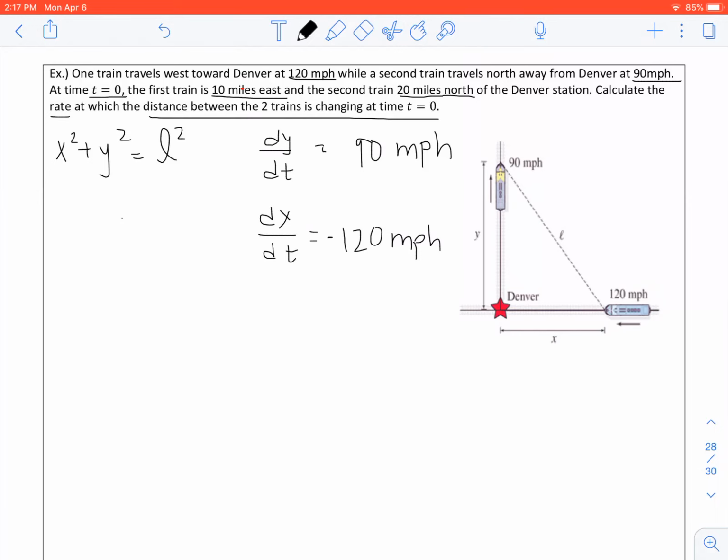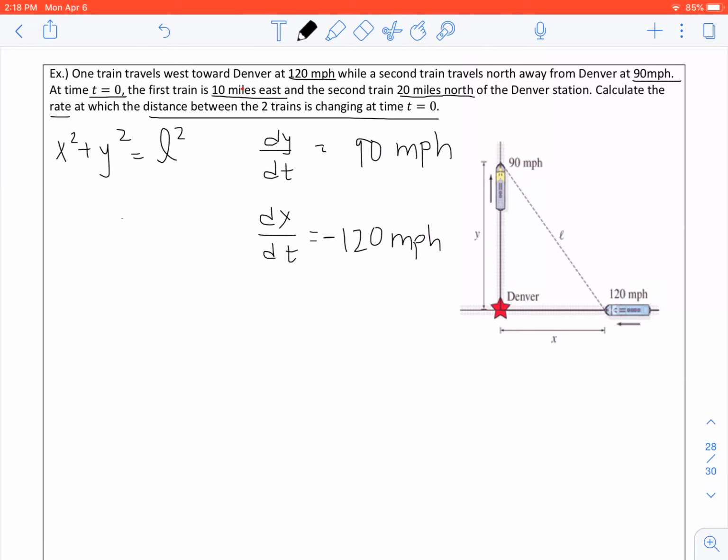The reason is that the distance is getting smaller as that train is approaching Denver, and that symbolizes a negative rate. Whereas the train that's moving north is moving away from Denver and that distance is getting larger. So dy/dt is 90 miles per hour and dx/dt is negative 120 miles per hour.